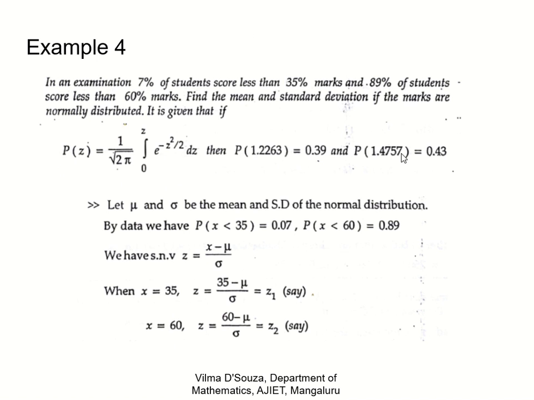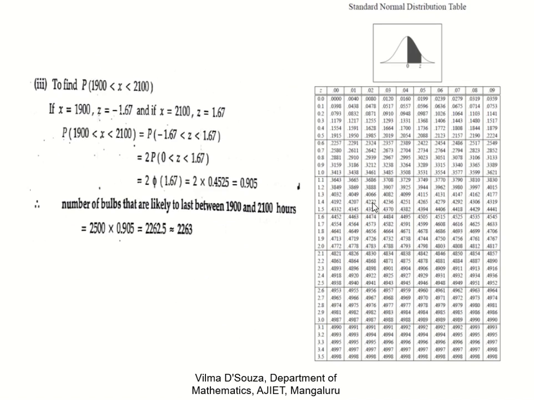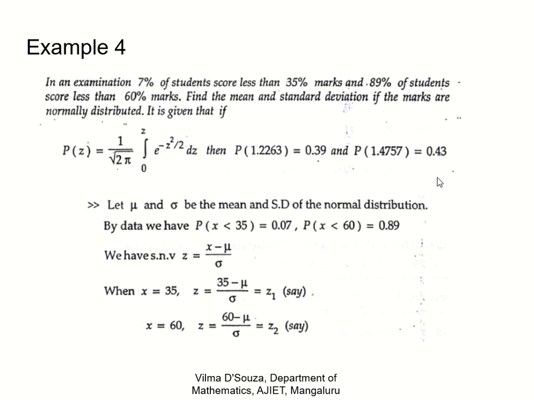What you have here is phi of Z1 is minus 0.43. So when is the probability 0.43? Phi of 1.4757 is 0.43. So what should be Z1? Z1 is minus 1.4757.